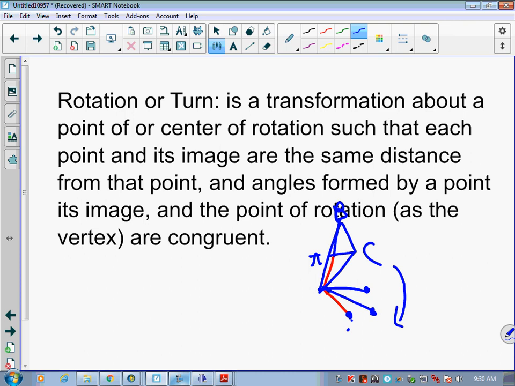I might get something like that, where that is 90 degrees about a point of rotation going clockwise. So there's a lot of different aspects to it. All right.